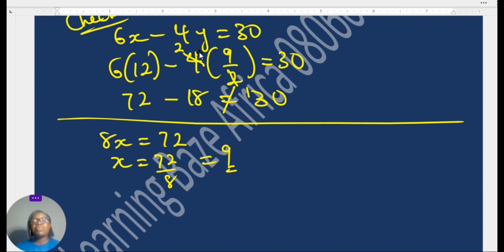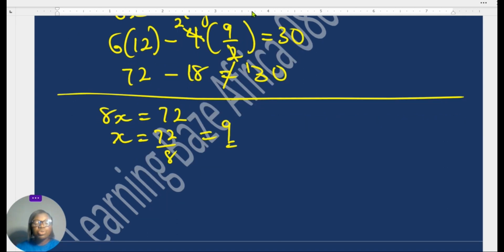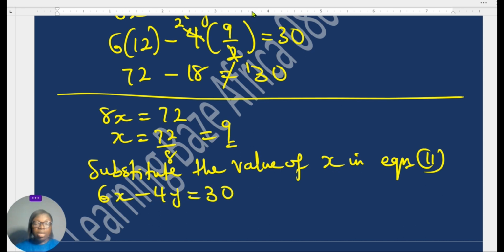Using equation 2, 6x minus 4y equals 30, let us substitute the value of x in equation 2.